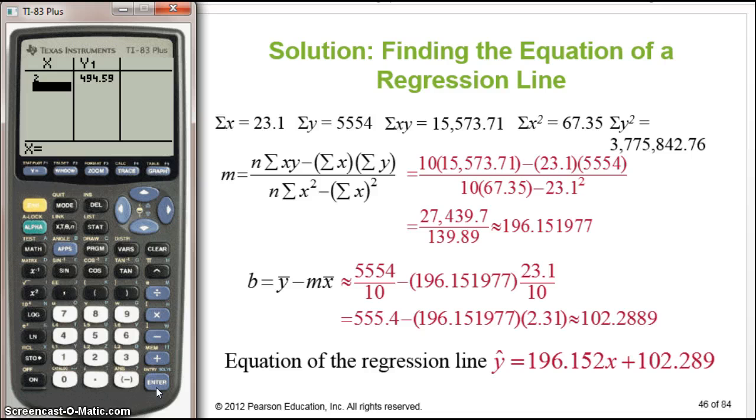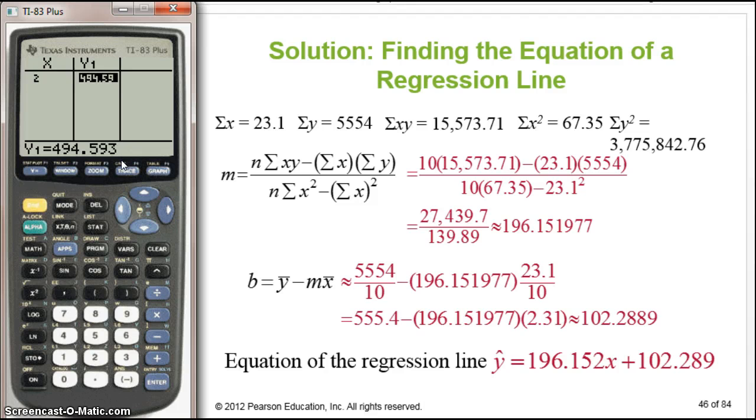It'll plug that 2 into that equation we typed in, and it'll shoot out what y is as a result. So when you have an x value of 2, when GDP is 2, the y variable is approximately 494.59. And if for some reason you need to see more decimal places for your homework, just arrow up to where y1 is, and when you highlight that value, you can see there's a third decimal place, just in case you need it for the homework.